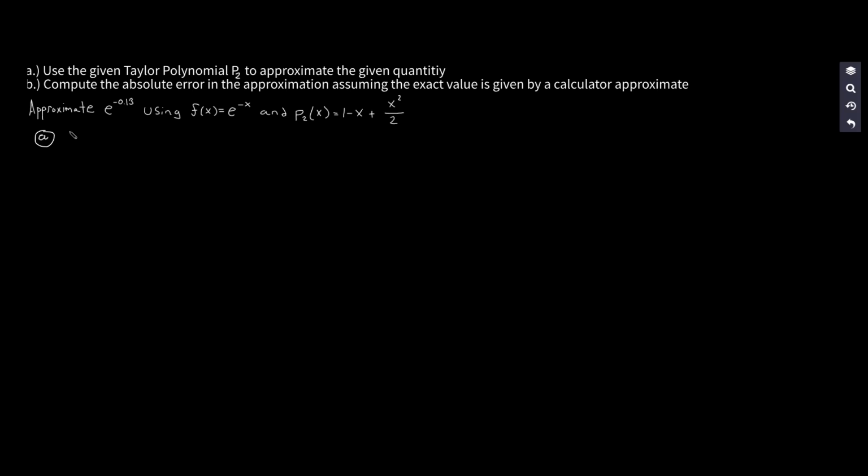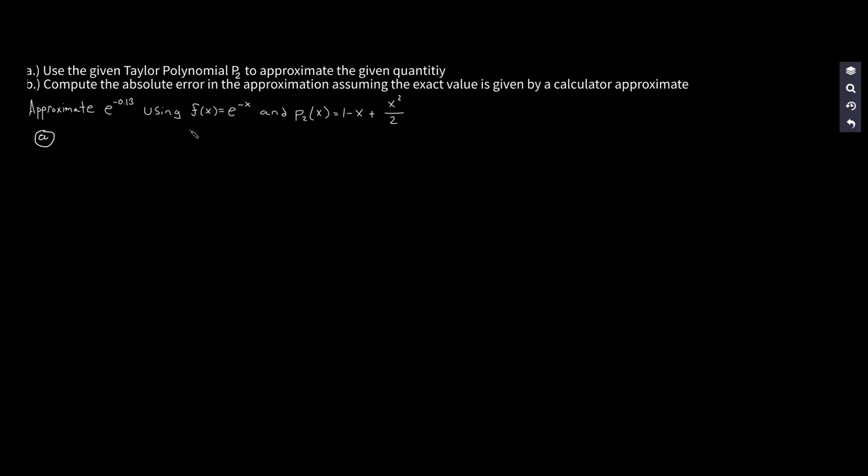So part A is to approximate e raised to the power of -0.13. And we're given the polynomial p sub 2 equals 1 minus x plus x squared over 2. To approximate e raised to the power of -0.13 using f of x equals e raised to the power of -x, we have to identify what the value of x is.